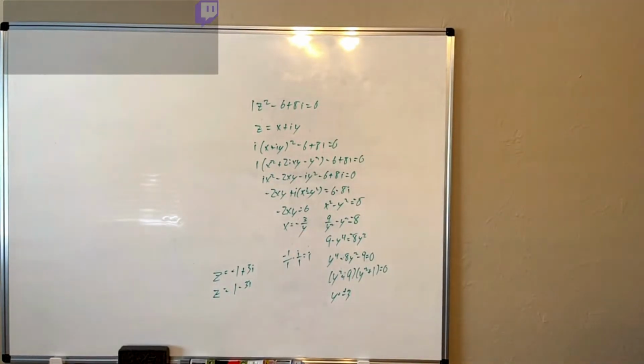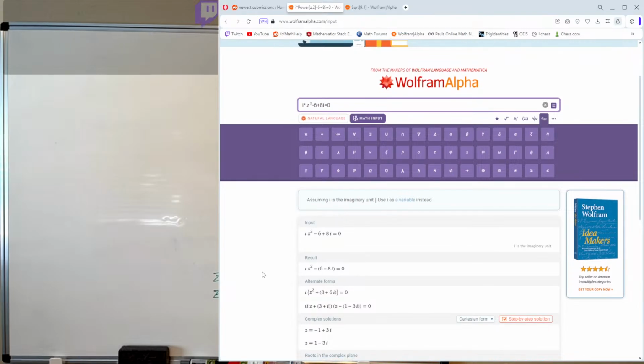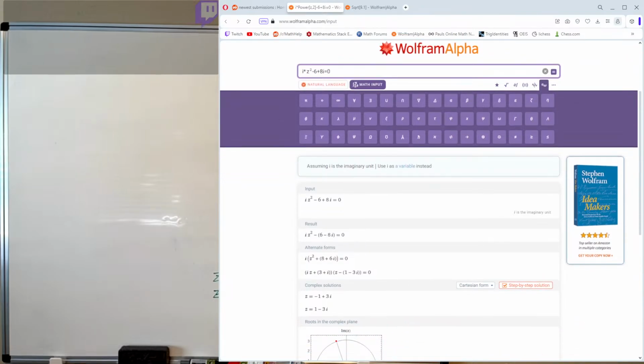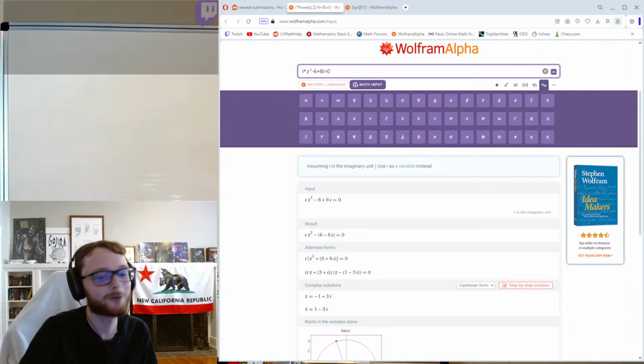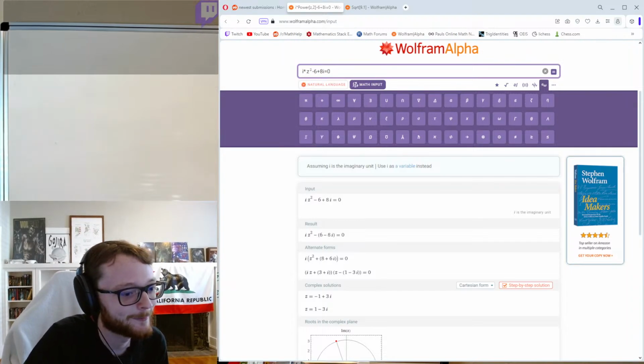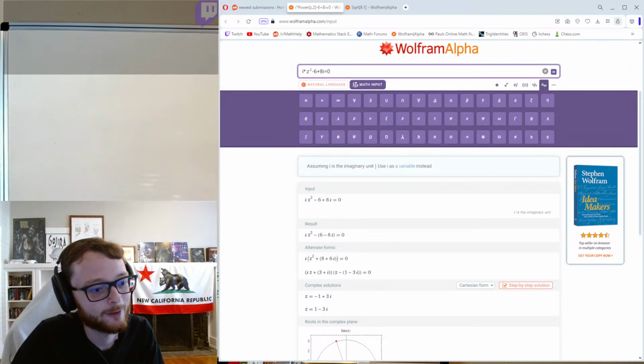And if that doesn't match Wolfram, then I quit math. All right, my math career is safe for another second. Right? Minus 1 plus 3i, 1 minus 3i. Okay, that's how you do it. Thank you for the help.